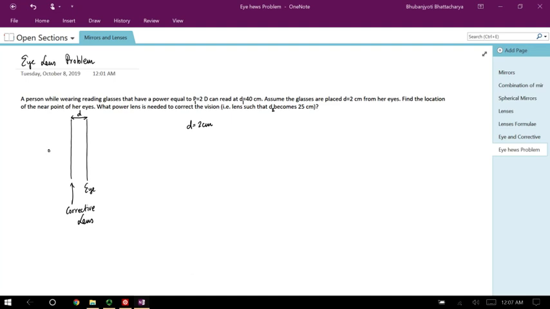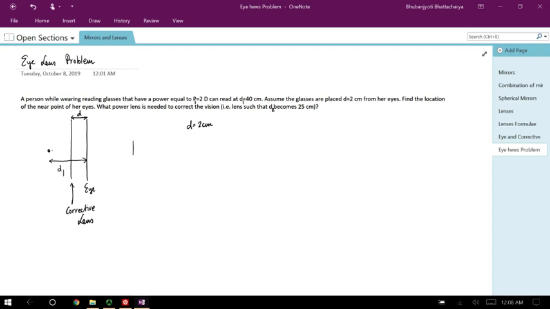So if the object is placed over here at a distance d1, and since it doesn't say it clearly, we're just going to assume that d1 is from the eye. So d1, then they can properly read it, right?